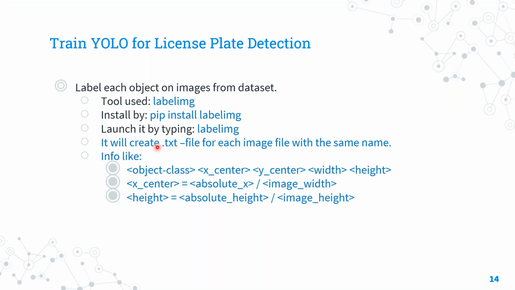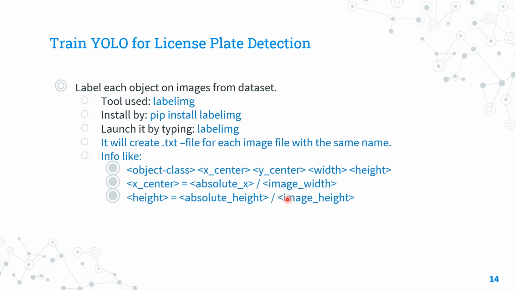So yeah, it will create a text file with the same name: object class which is 0, center x, center y, width and height. This center x is absolute x divided by the image width. Height is again absolute height divided by the image height. So that's how you can train YOLO to detect a license plate or any other class.